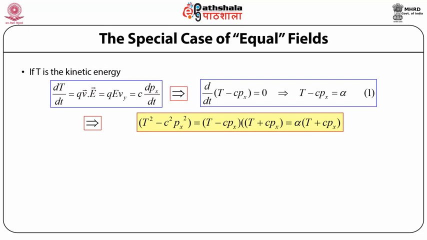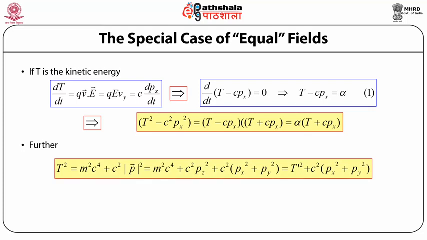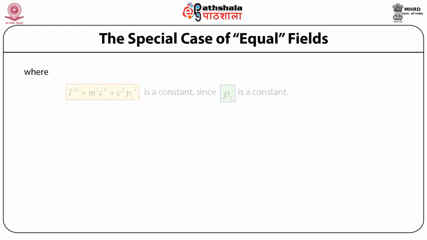We have the relativistic relation T squared equals m squared c to the power 4 plus c squared mod p squared, which equals m squared c to the power 4 plus c squared pz squared plus c squared times px squared plus py squared, equals T dash squared plus c squared py squared, where T dash squared equals m squared c to the power 4 plus c squared pz squared, which is a constant since pz is also a constant.